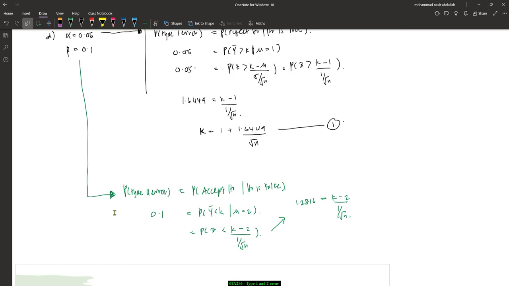So then k should be equal to negative 1.2816 over square root of n plus 2.